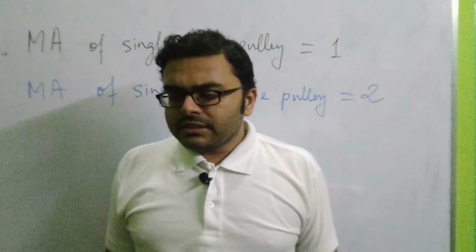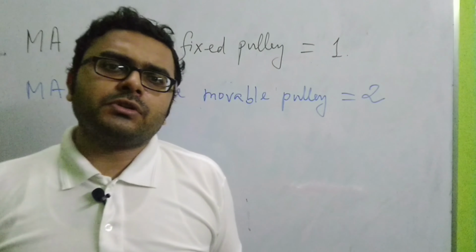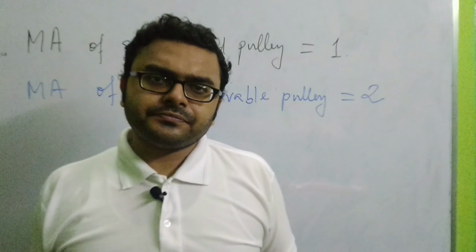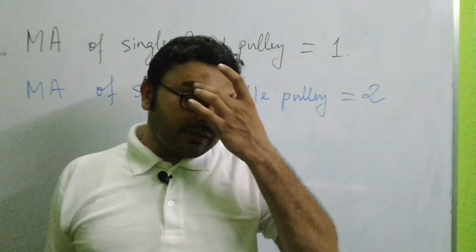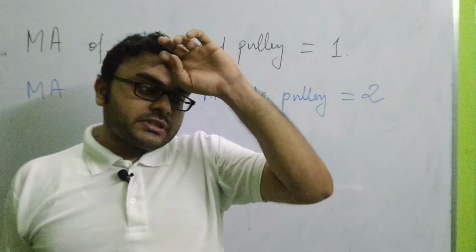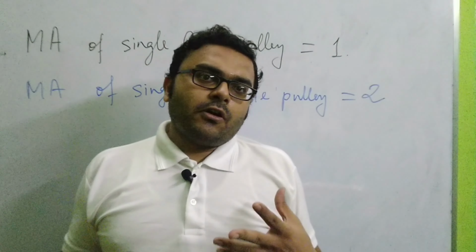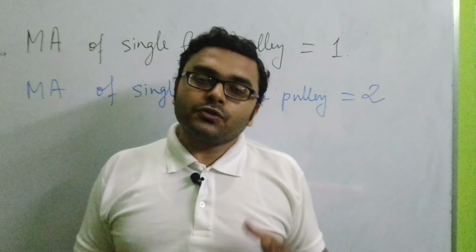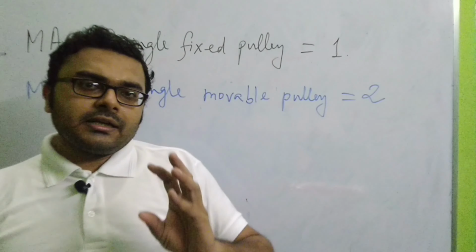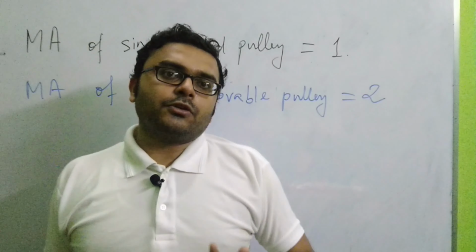Okay. So what happens if the load is quite greater than this? Say if the load is 5000 Newton. In industries we have big loads. So in those cases, we are in need of a combination where we can have a mechanical advantage greater than 2, so that we can apply very little effort and lift a heavy load.